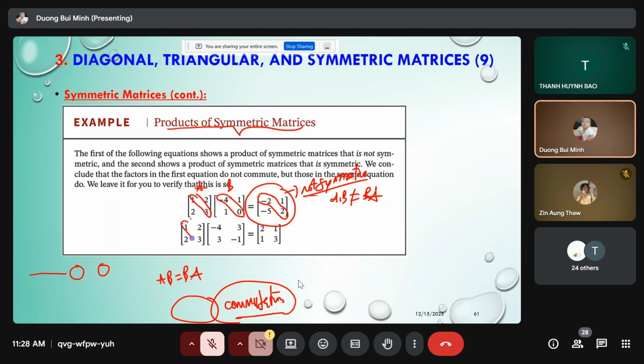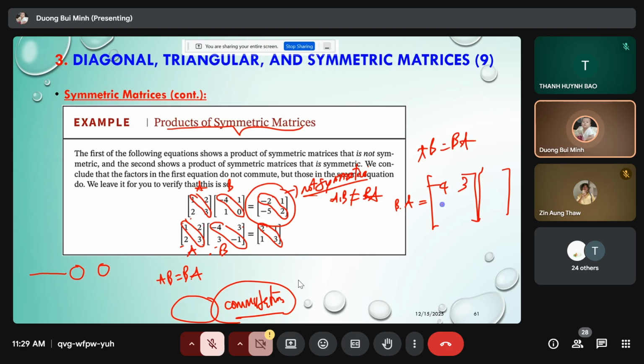Now look at this one. It is symmetric, right? 2, 2. This one, 2, 3. So this one is symmetric. And when we take A times B, we get a symmetric matrix. Why? Because A times B equals B times A. Now we check A times B here. And if we take B times A, we get what?